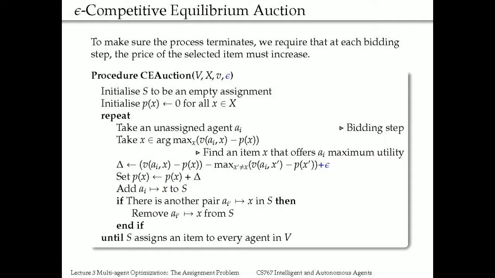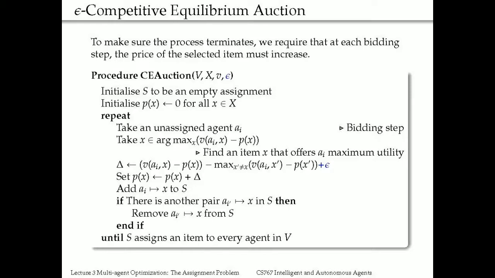This requires a slight modification to the procedure. You can see that the real problem occurs when the value of delta does not increment. And we can force it to increase at each bidding iteration by having this extra small but non-zero value epsilon. Right?